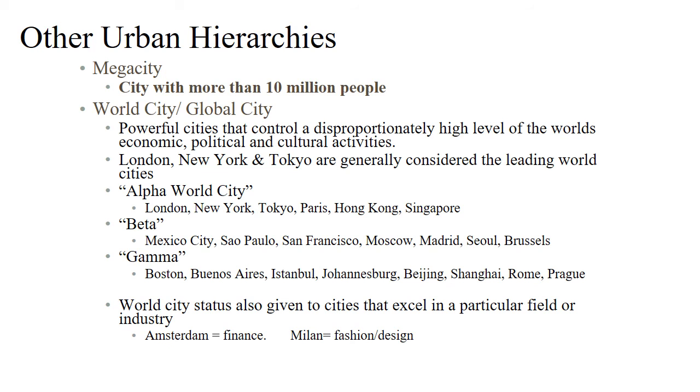For example, Amsterdam as a financial center, much more powerful than its size and population might suggest, or Milan in Italy as a center of global fashion, but not a particularly giant city in its own right, but the headquarters, right, of fashionable people.